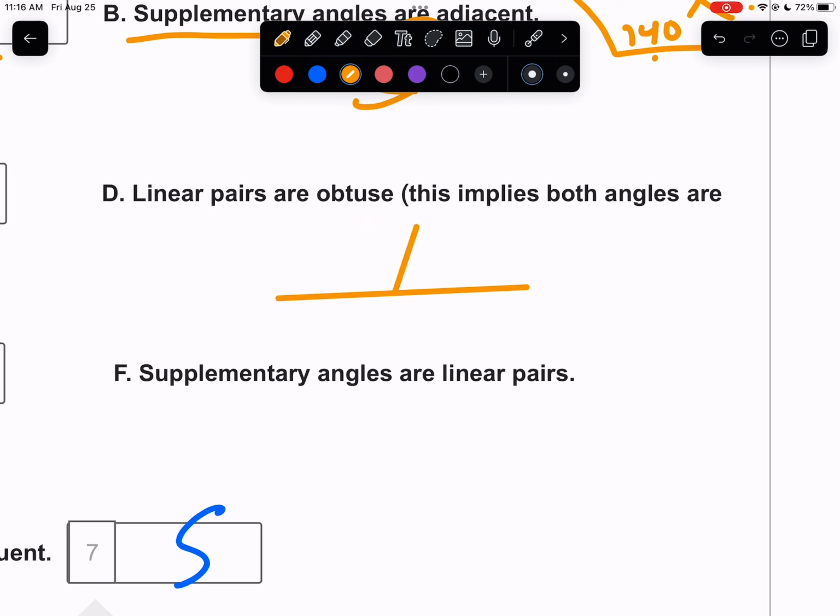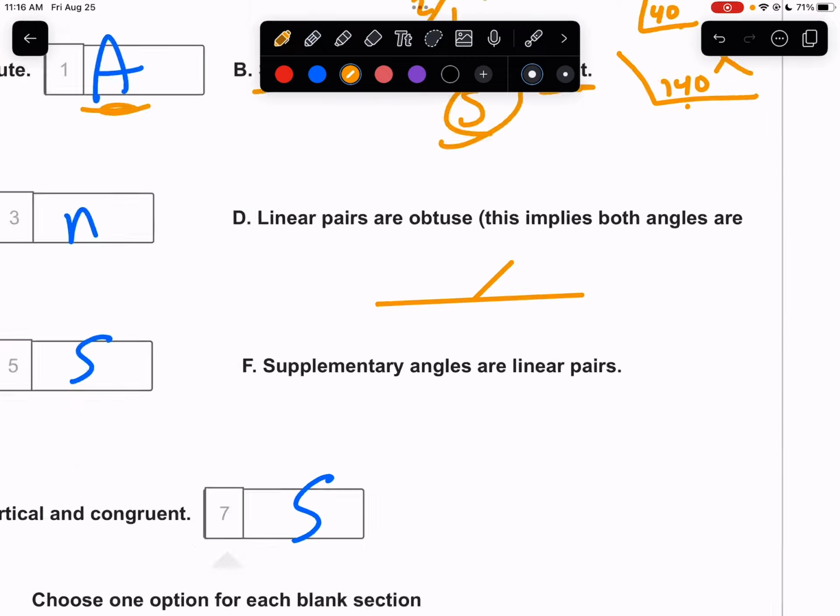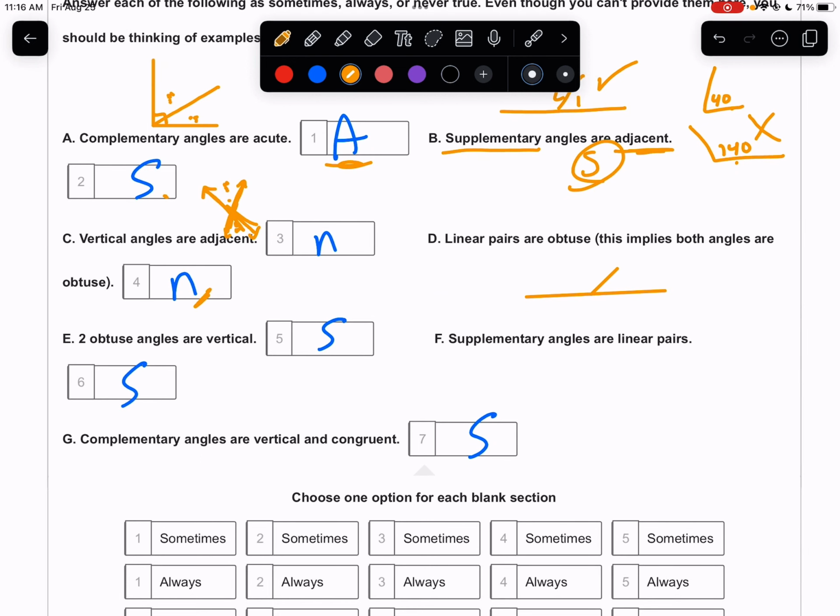Or if I go this way, I have an obtuse and an acute, just the opposite ones. But at any point, are they both bigger than 90? Nope. They have to add up to 180. So if one of them's bigger than 90, the other one has to be less than 90 because 90 plus 90 is the cutoff. So linear pairs are obtuse. That is never. I'm going to put never over here so it's easier to see, but that's never.